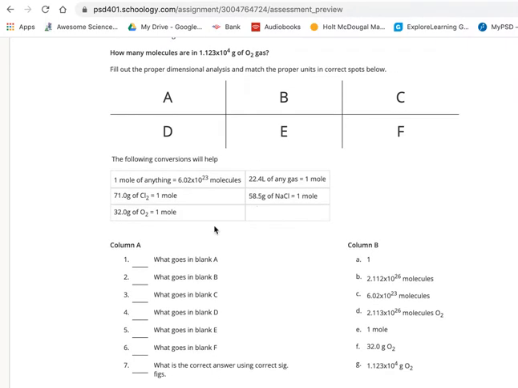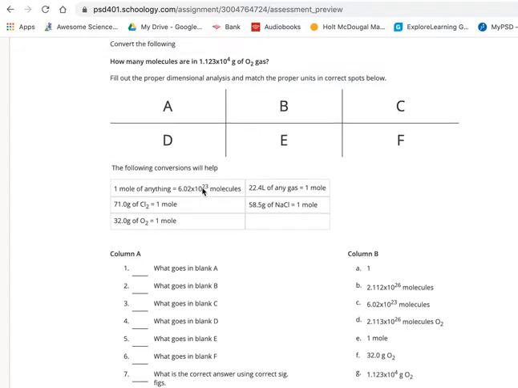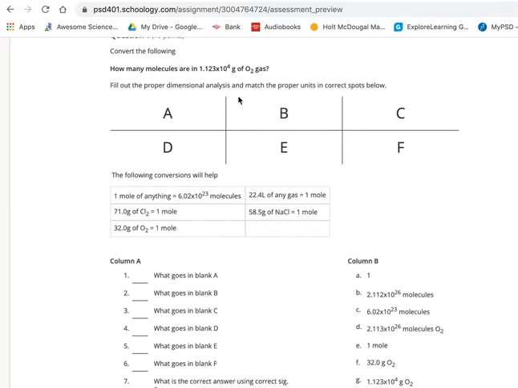Looking down here at my conversion units, it says that 1 mole of anything is this many molecules. So I know I can convert moles to molecules, but I'm starting with grams. So I need to convert grams to moles, and then I can get to molecules.